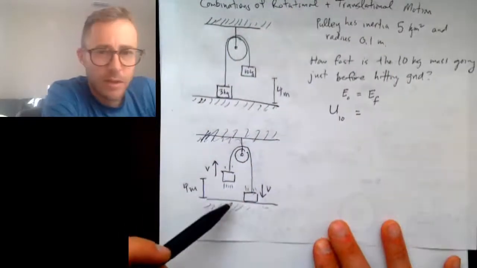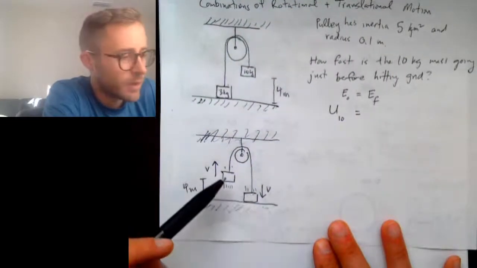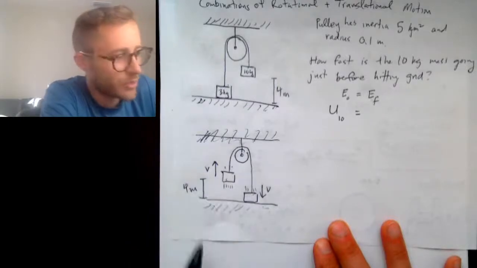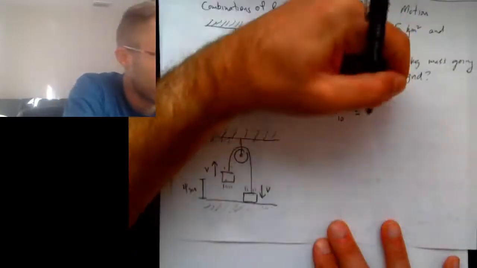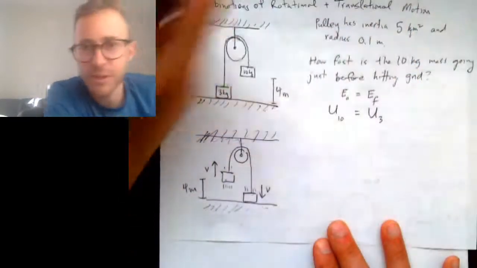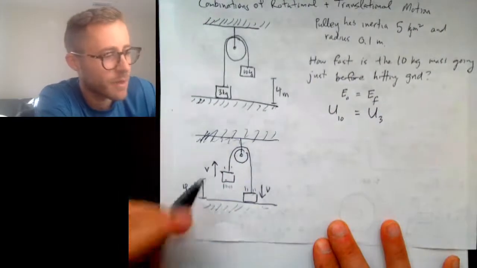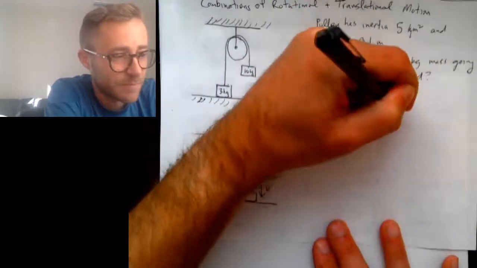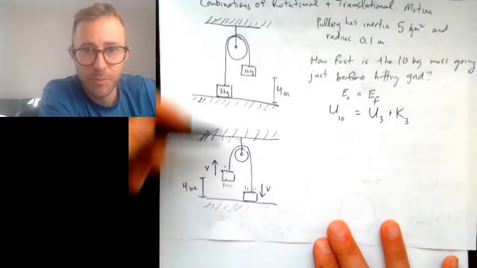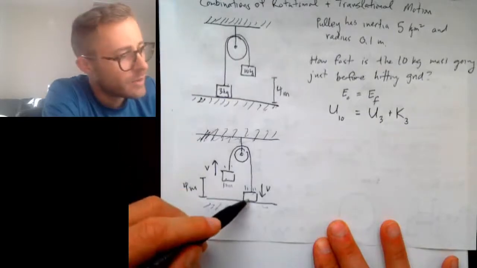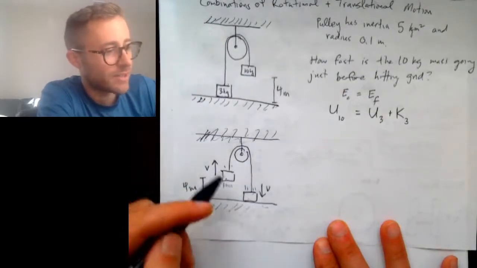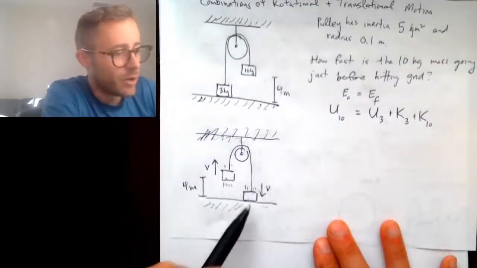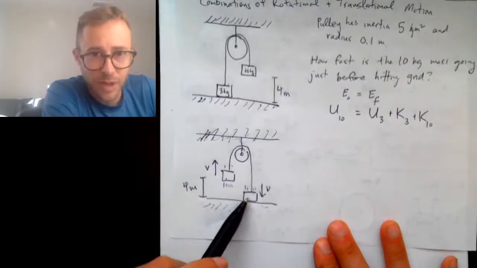Now if we think about the afterwards, the 3 kilogram mass has been lifted up into the air. So now the 3 kilogram mass has gravitational potential energy afterwards. The 3 kilogram mass has kinetic energy because it's being pulled upward. The 10 kilogram mass has kinetic energy, but it no longer has potential energy because now it's at ground level.